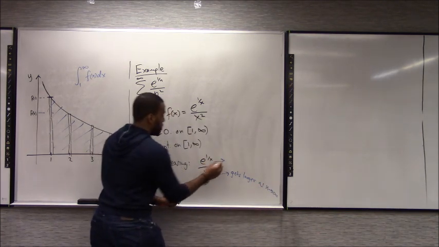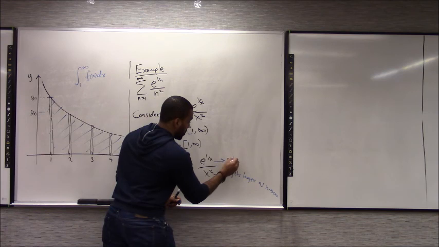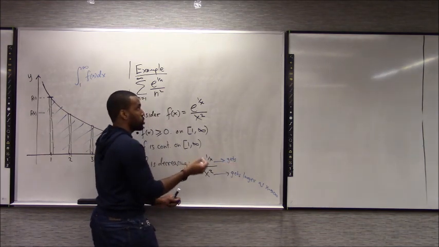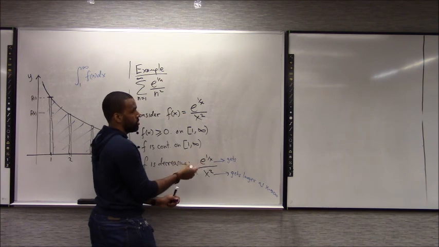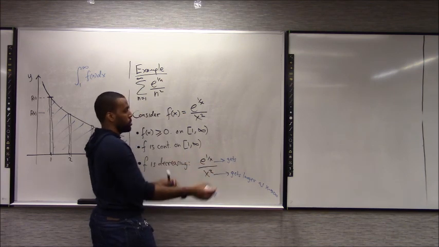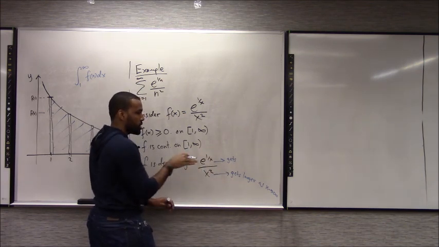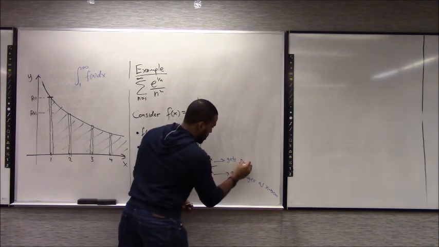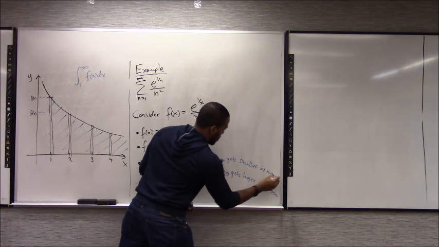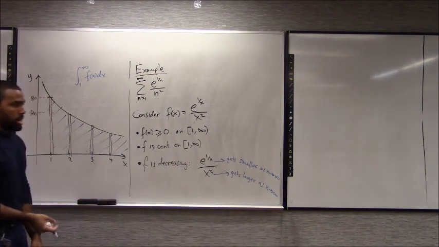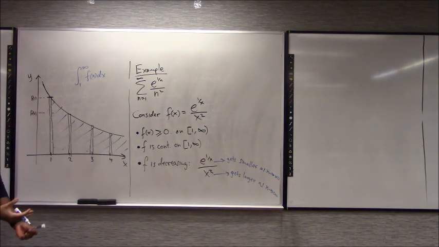You can also notice that this guy gets smaller, because you're taking a larger root. So it'll be the square root of e at some point, then the 4th root of e, then the 5th root of e, then the 100th root of e. The more roots you're taking, the smaller the value is going to get. So we're getting a bigger denominator and a smaller numerator. Overall, the thing is going to get smaller.